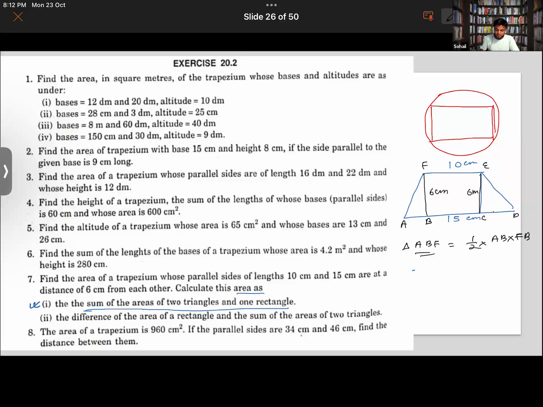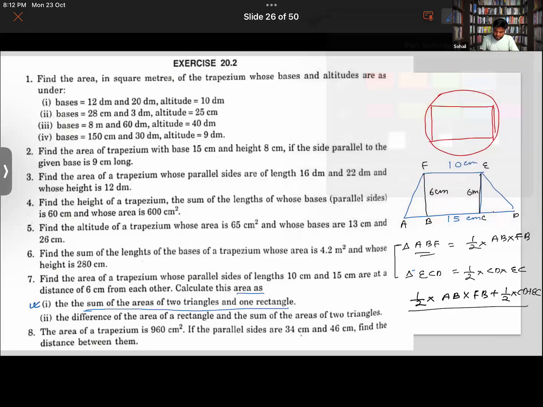For triangle ECD also, this one I'm talking about, its area is also going to be half into CD into EC, isn't it? So I can add both the areas together: half into AB into FB plus half into CD into EC, right?